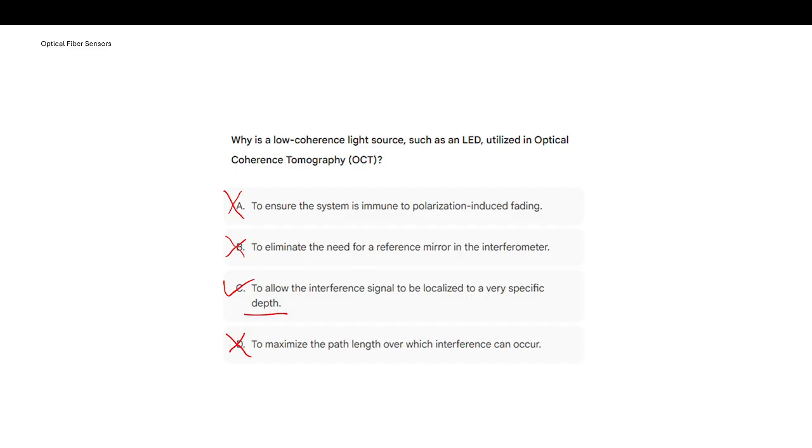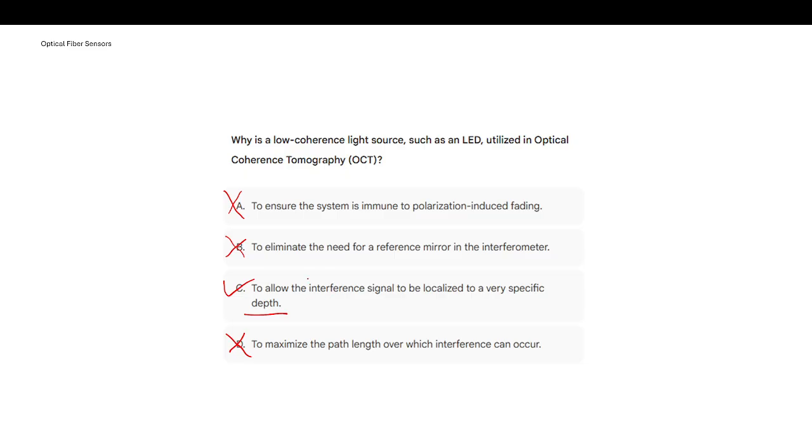Because the interference signal needs to be localized in a very specific depth. So if you have a small misalignment, it can also give the proper signal.